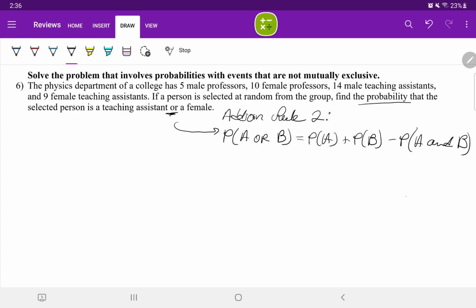But the addition rule is preferred because there is a formula, which is the probability of A or B equals the probability of A plus the probability of B minus the probability of A and B. Addition rule 2, and that is used for non-mutually exclusive events, as we're going to see in questions 7, 8, and 9.